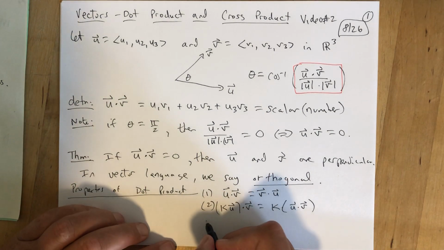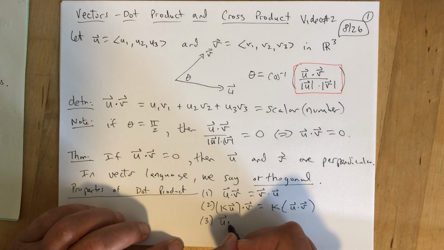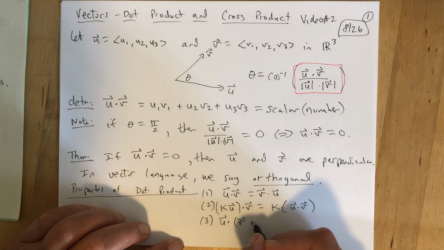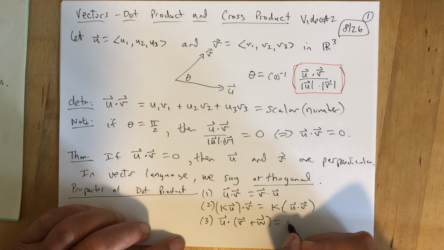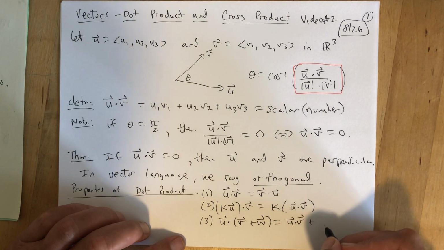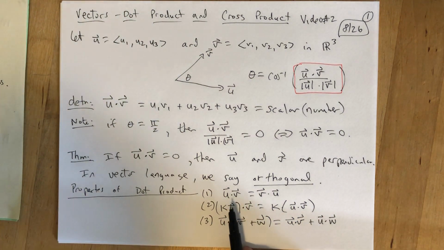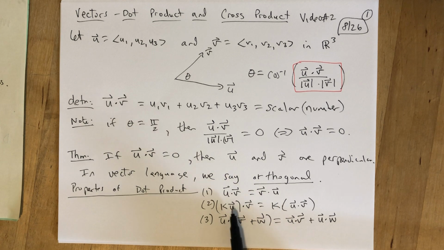And it distributes over sums. So u dotted with v plus w equals u dot v plus u dot w. Let me make sure I got all this right.